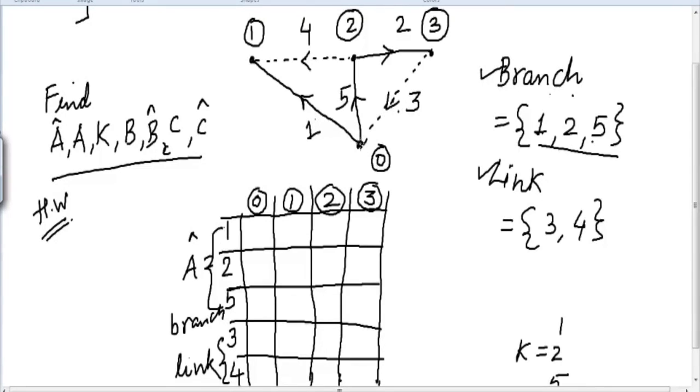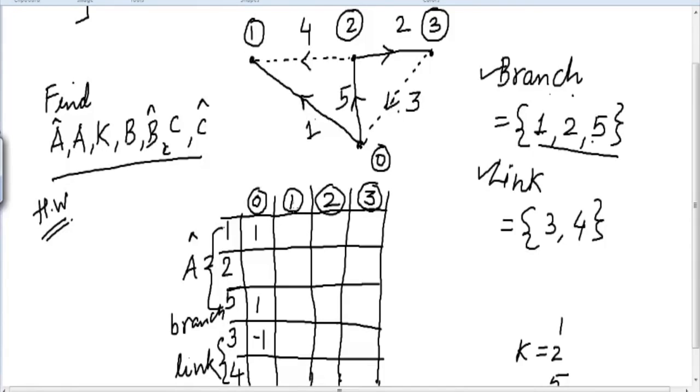The thumb rule for filling these entries is: outgoing positive, incoming negative. Outgoing elements are 1 and 5, and the incoming element is 3. So I will take 1 and 5 as positive, and 3, as it is incoming, as negative. Is this clear to everyone?